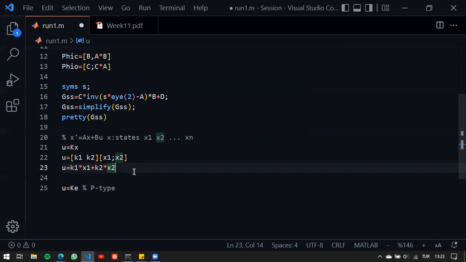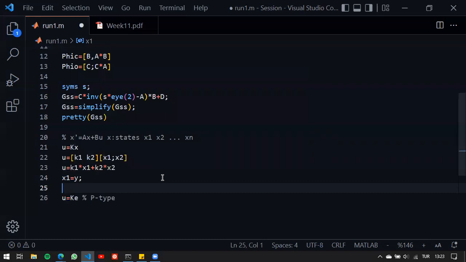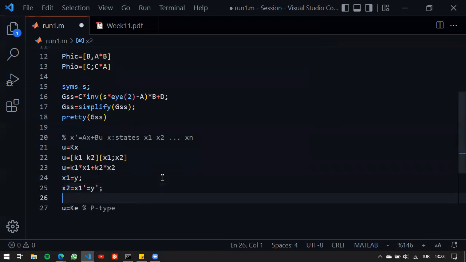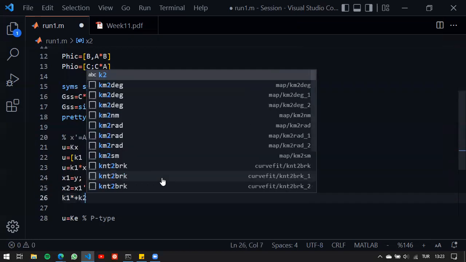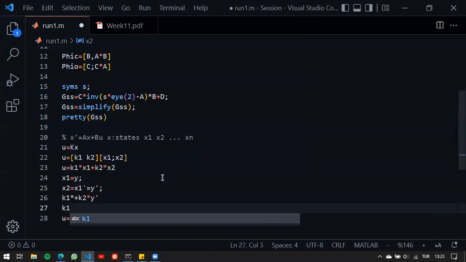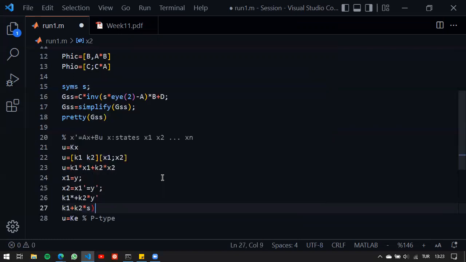And as a matter of fact, if you remember the fact that we have defined x1 is equal to y, and x2 is basically x1 dot, which is y dot, you could also think of this controller as a feedback PD controller in some sort, because you have the output and the derivative of the output, and you're combining them. So it's kind of a structure like K1 times y plus K2 times y derivative, or I could call it K1 plus K2 times S, something like that.